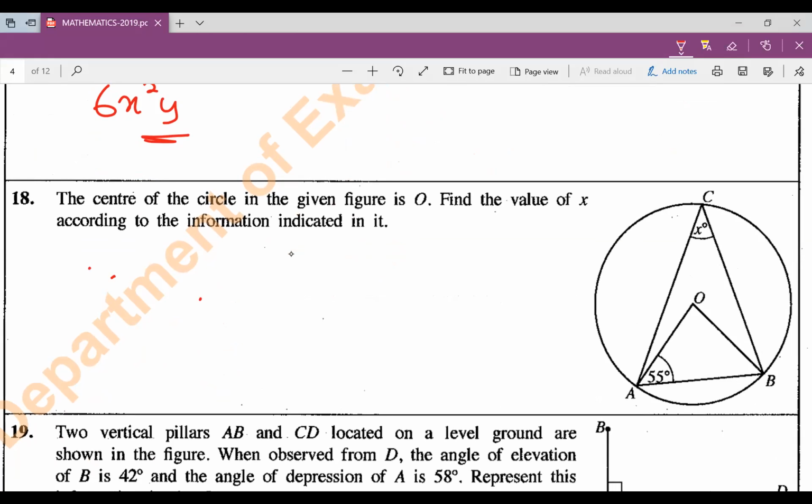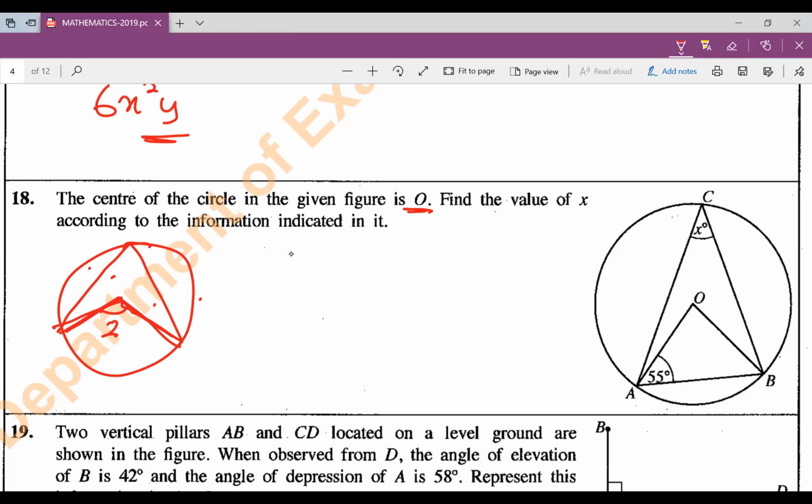So see the 18th one. The center of the circle in the given figure is O, and find the value of x according to the information indicated in it. So as we studied already, in the circle, the angle subtended at the circumference is half of the angle subtended at the center.